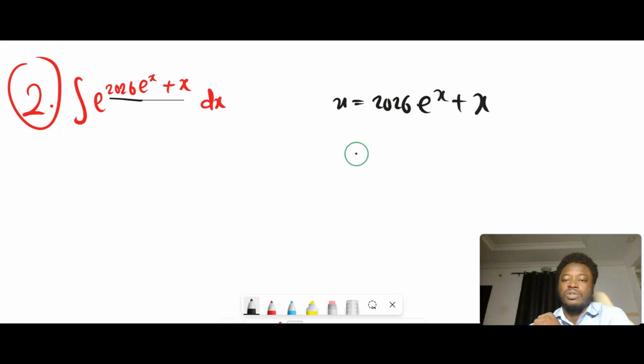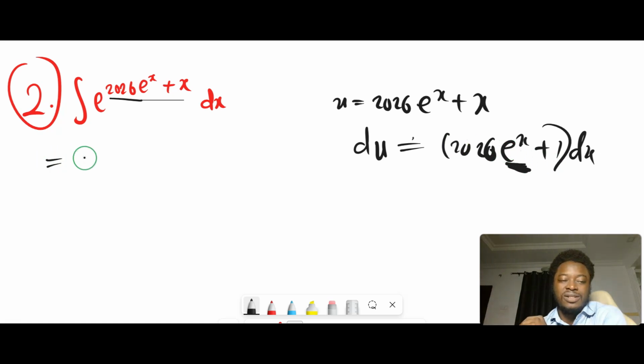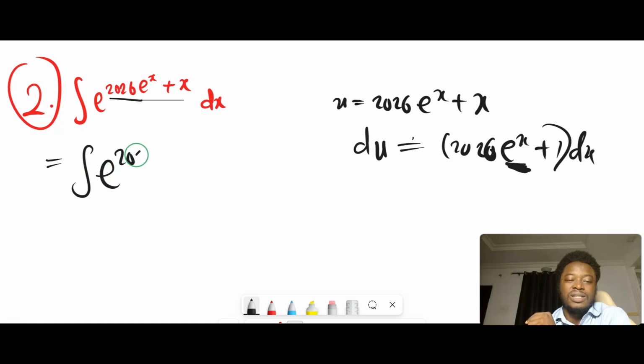But the problem with this approach is that it's not easy to find du directly, because then you get something like 2026 e to the x plus 1 dx. It's not easy. This e to the x is very troublesome. So instead, what you need to do is just do it like this. This is e to the 2026 e to the x, then this times e to the x, dx.